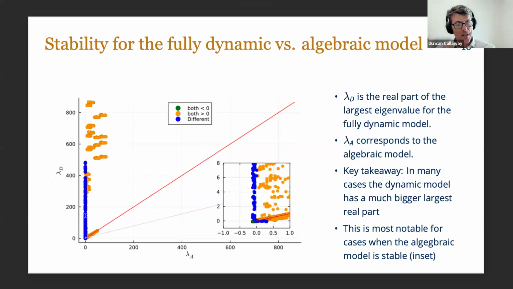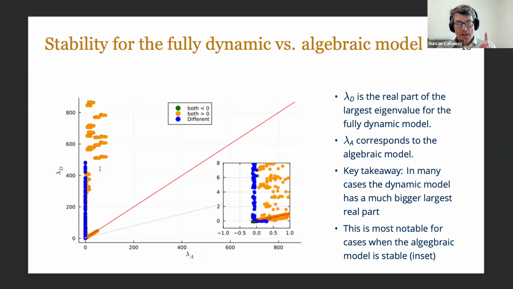You might look at this and think, wow, we've got a lot of positive values here, meaning positive real part, meaning an unstable simulation. That may not come as a total surprise because we didn't choose these parameters in a way that tuned them specifically to make the entire system stable. But about a third of the parameter combinations that we selected were actually stable.